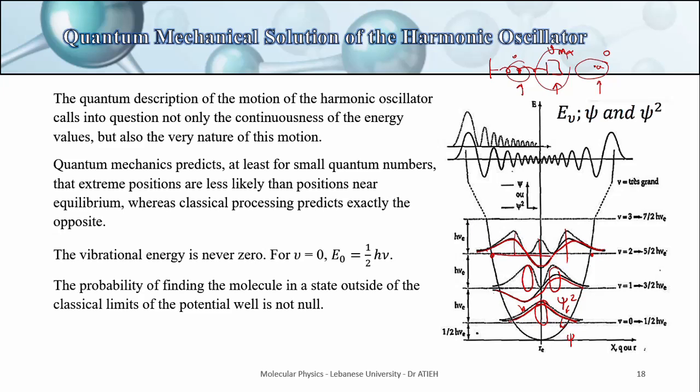So if this is the energy level we're talking about, the points of intersection between the energy level and the potential energy determine the maximum and the minimum elongation of the bond. However, according to quantum mechanics, there is still a small probability of finding the particle outside the potential well.